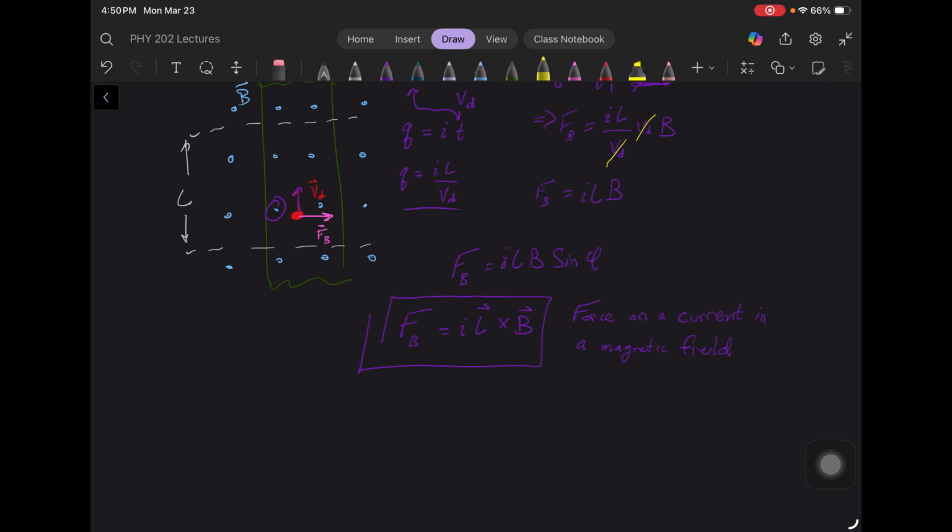And so I is going to be the current, L is the length of wire within the B field, and then B is B. Right, and there we go.